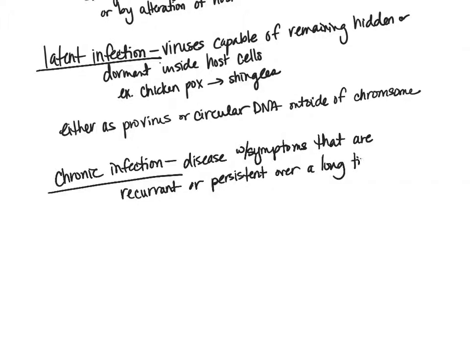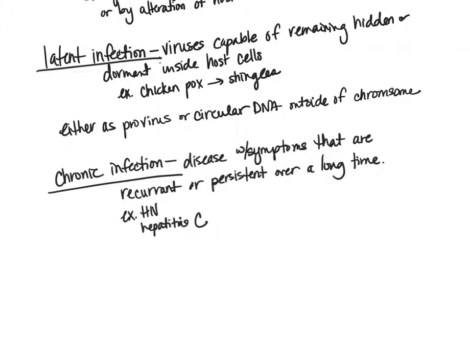Chronic is a long time. In this case, we're talking about something like HIV or hepatitis C. Hepatitis C virus and HIV are two examples that can cause a chronic infection. And so we are going to take a closer look at HIV right now.